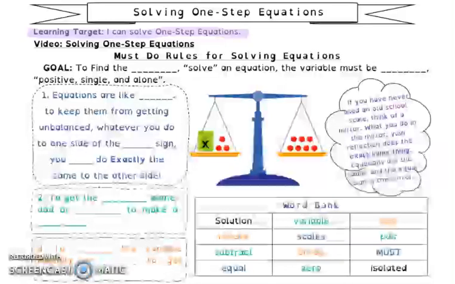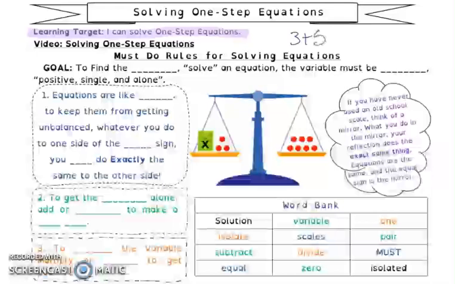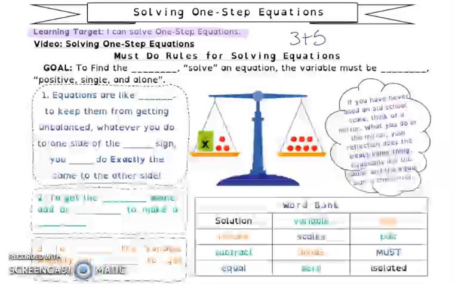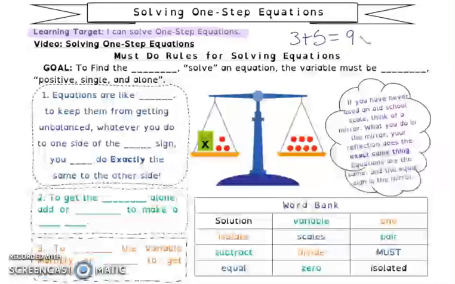Up until this point in the year, we've worked with expressions. So expressions are math sentences that don't have an equal sign. So we've just had like 3 plus 5. Okay, so now we're actually going to put 3 plus 5 equals 9 and a variable.